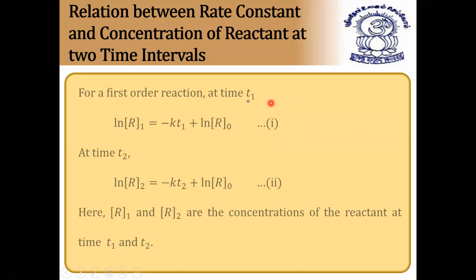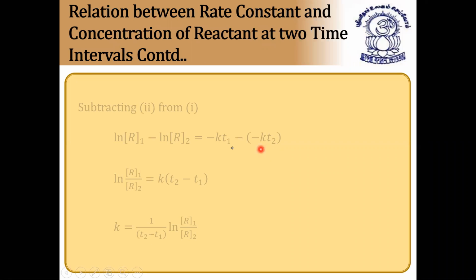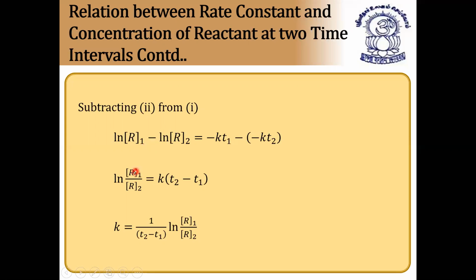Next, the relation between rate constant and concentration of reactant at two time intervals, very, very important. For first order kinetics at time t1, ln of concentration R1 is equal to minus kt1 plus ln R0. This is the integrated rate equation. At time t2, the same thing, minus kt2. k remains the same because it is called the rate constant. Here, concentration R1 and concentration R2 are the concentrations of the reactant at time t1 and t2 intervals. Subtracting 2 from 1, we get k is equal to 1 by t2 minus t1 ln R1 by R2.